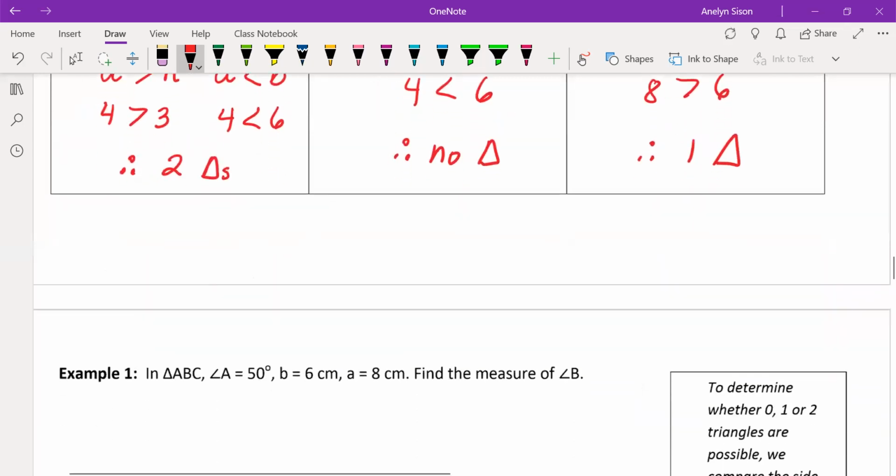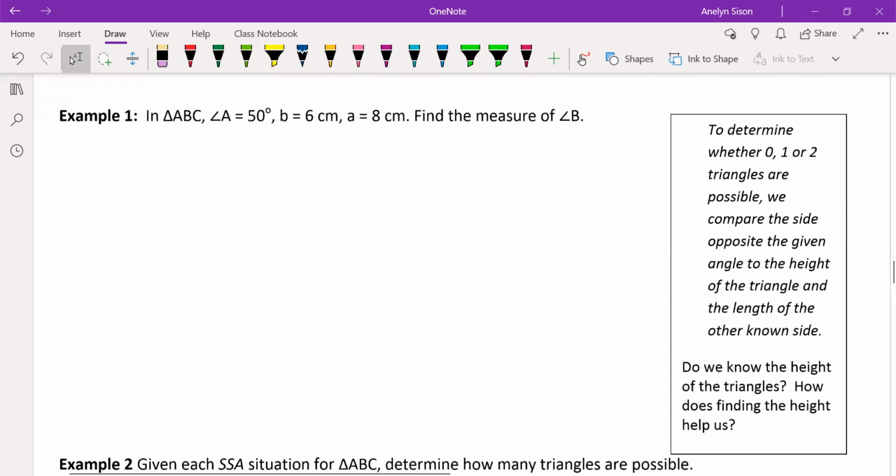Okay, let's have some examples. So in triangle ABC, again, this is a side-side-angle. And every time you have a side-side-angle, you have to check the height first. So let's see. We're going to draw this, and we're not sure if we're going to make a triangle or not. The angle given is the base left.